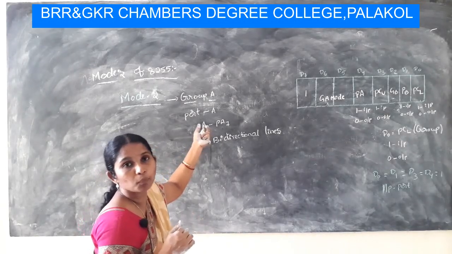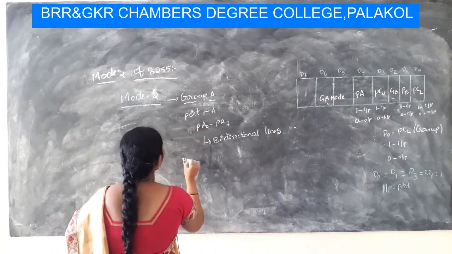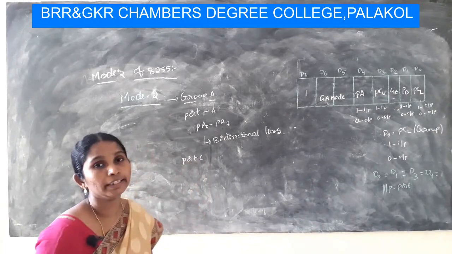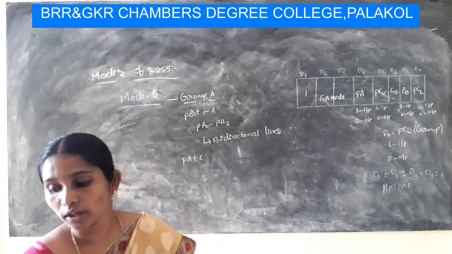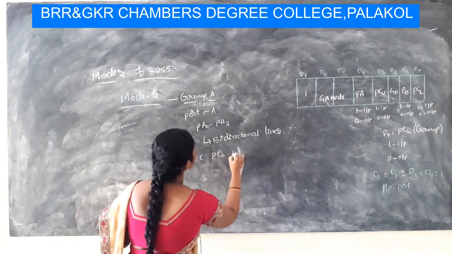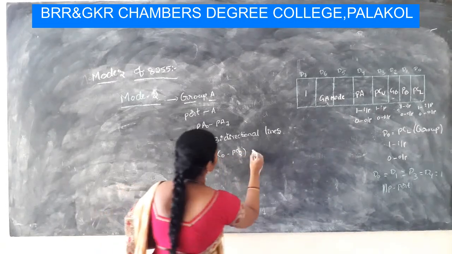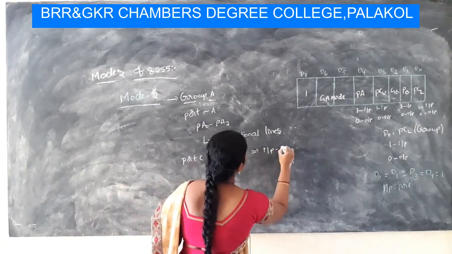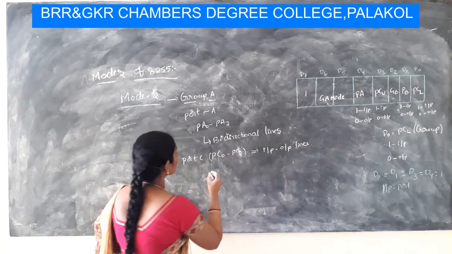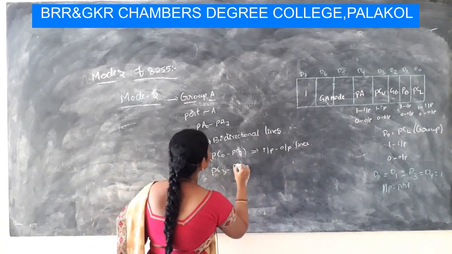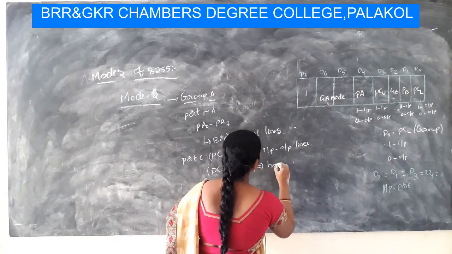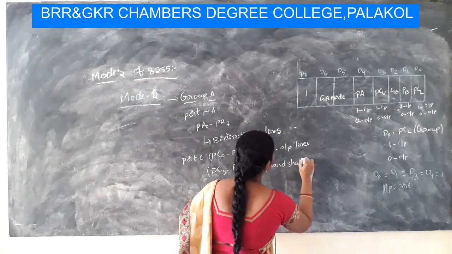Port C is also used in this mode 2. In port C, we use PC0 to PC2 as input output lines, and the remaining pins, PC3 to PC7, are used for the handshake lines.